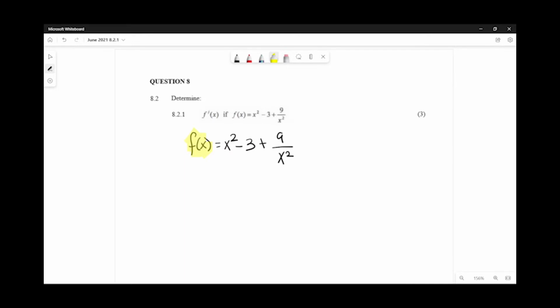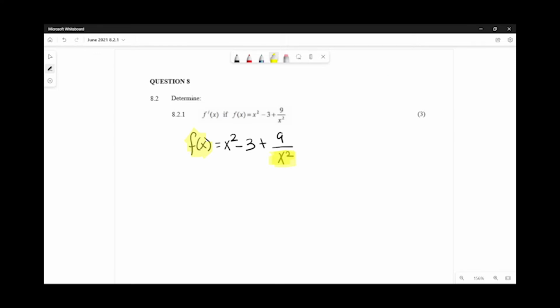The second thing is that you need to simplify before you start doing your derivative. By that I mean this x squared here is in the denominator, so we want it up in the numerator so that we'll be able to derive correctly.